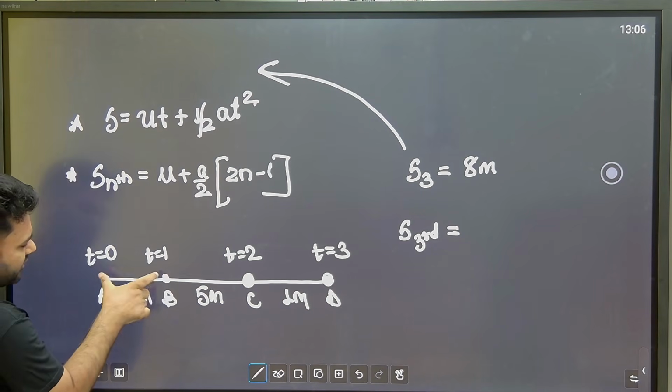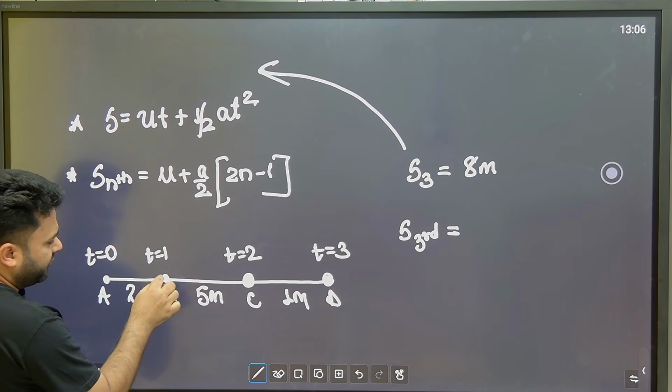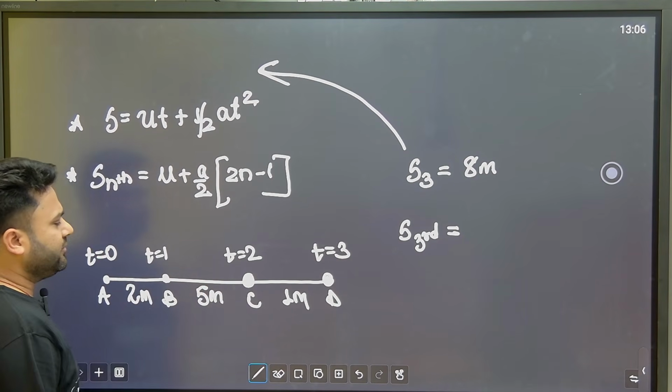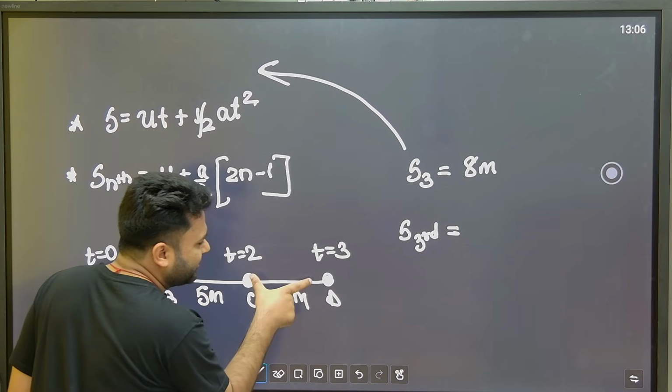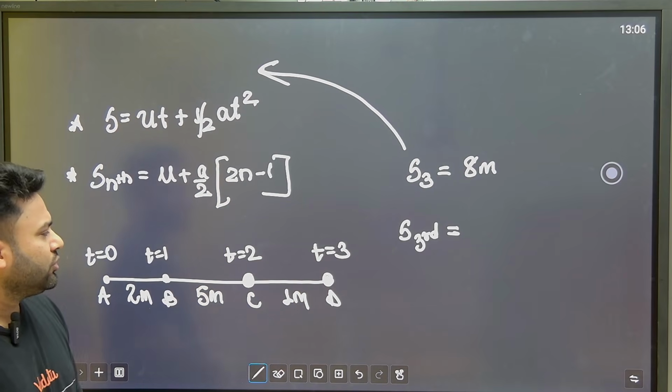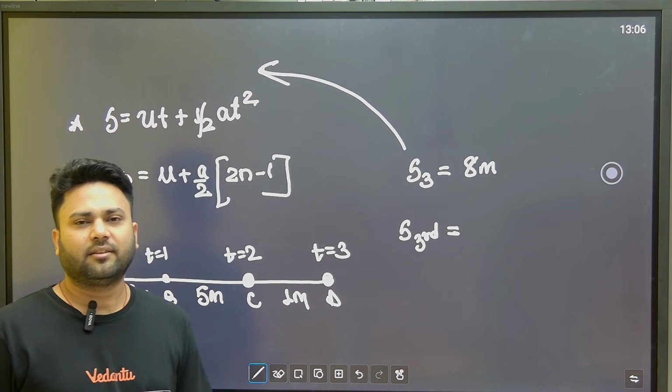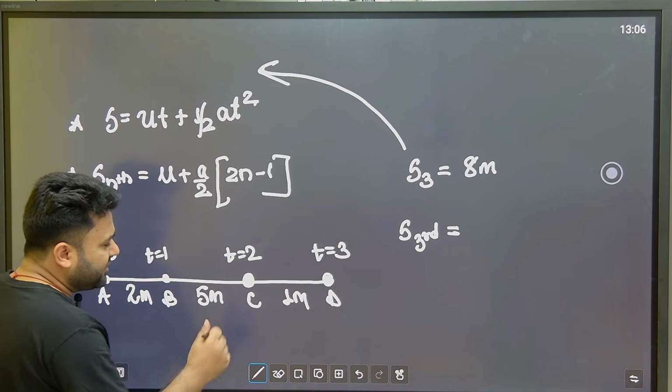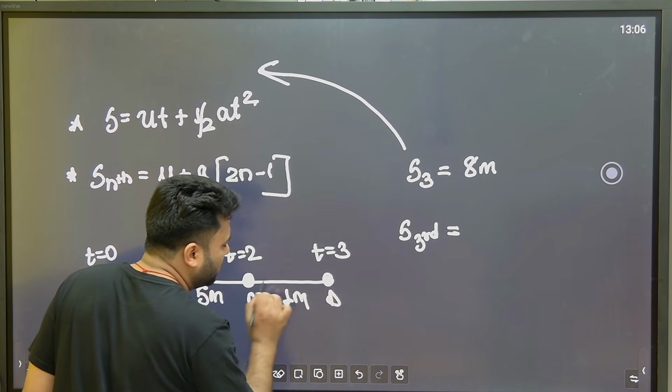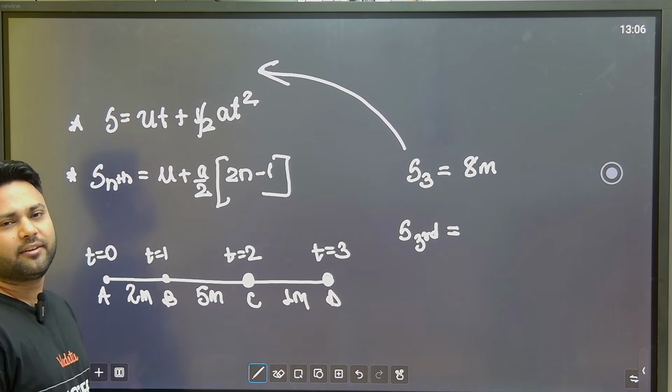Like from here to here this is 1st second, from here to here this is the 2nd second, and here this is the 3rd second. So 3rd second means how much distance we have covered, this C to D distance, this is the 3rd second.